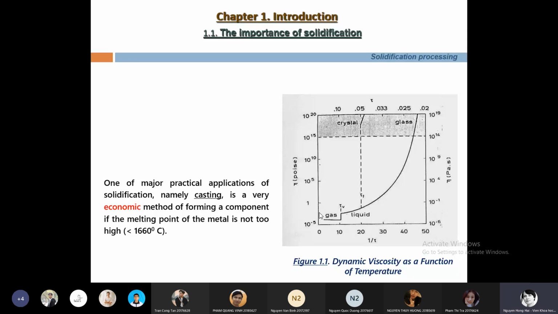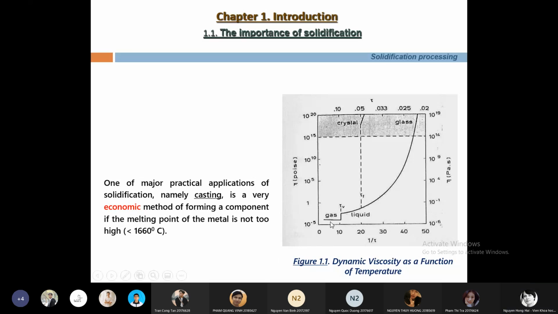So we have this coordinate, we have viscosity and temperature. So you can see from this graphic, the viscosity increases very much from the gas and liquid state to the solid state.